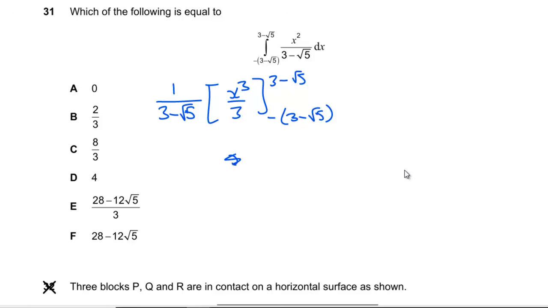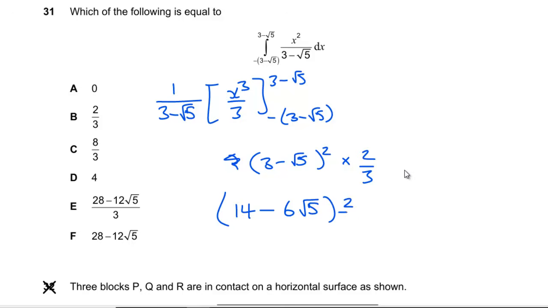So I'm going to have a 3 minus root 5 squared times 2/3. Yeah, that seems pretty good. So I'm going to have 14, that's my 9 plus my 5, and then I'm going to have minus 6 root 5, and that's going to be multiplied by 2 over 3. Right, does that look like any of this? Yeah, it looks like E all the way. 28 minus 12, yep, so E.